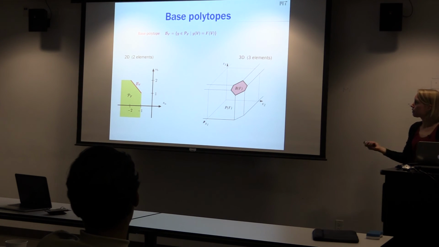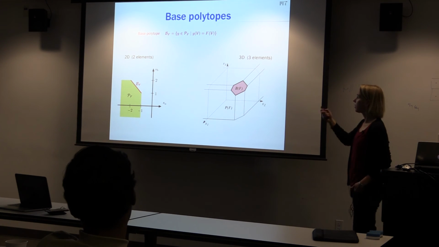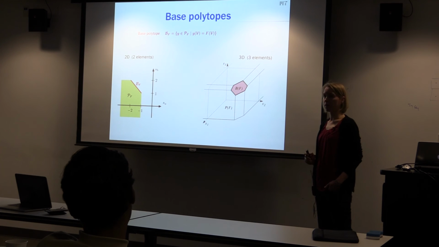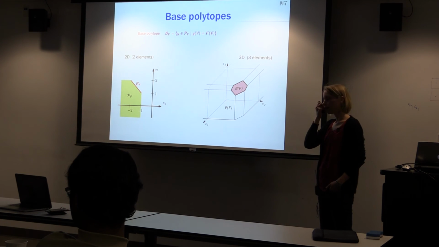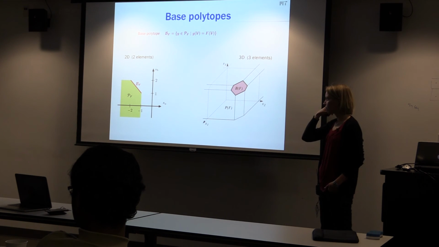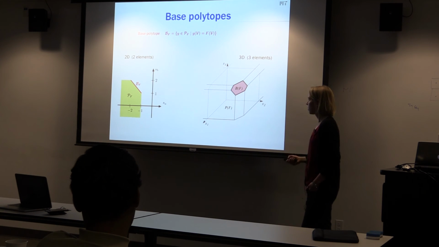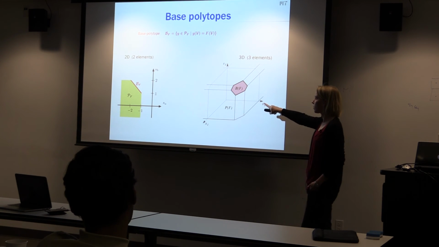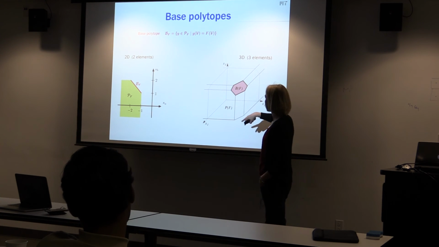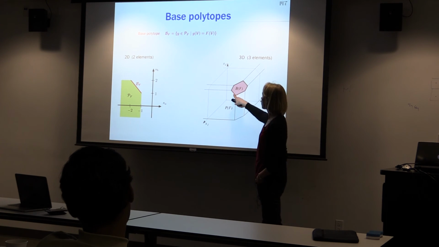So now my Lovász extension is defined via a linear optimization over this particular base polytope. Can the base polytope have extreme points that are not binary? Yes, these corner points are not necessarily binary.